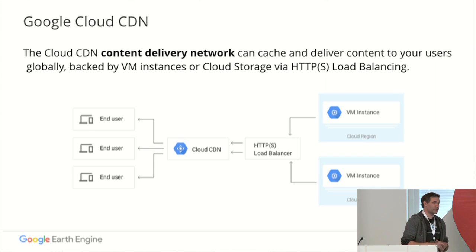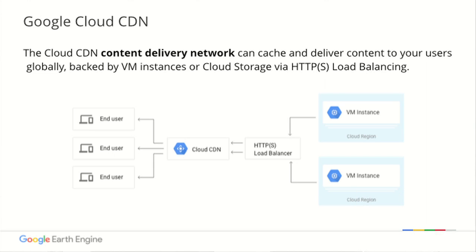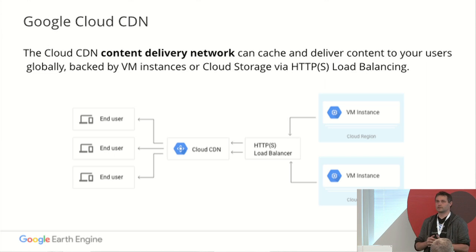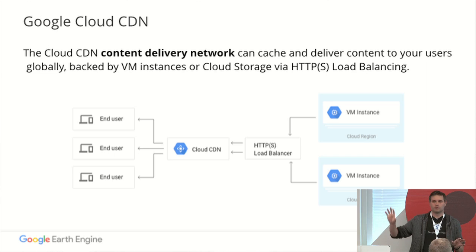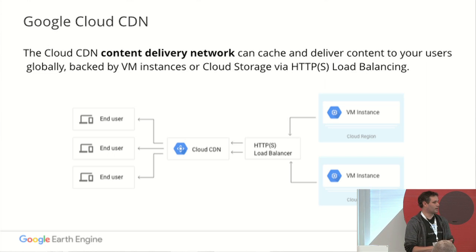Now, if you really are serving a high QPS web application, maybe you really are expecting this to get substantial amounts of usage. One exciting new product we have is the Cloud CDN. It's a content delivery network. This takes advantage of that same multiple hundreds of edge cache systems that we have around Google for caching our own content.